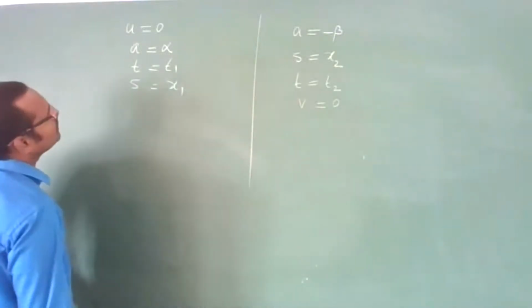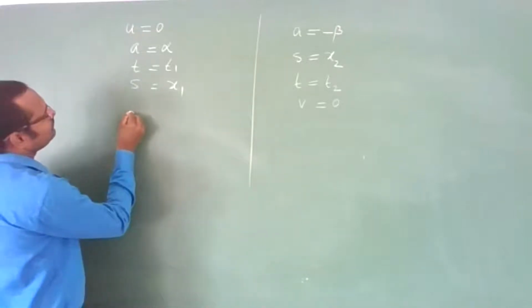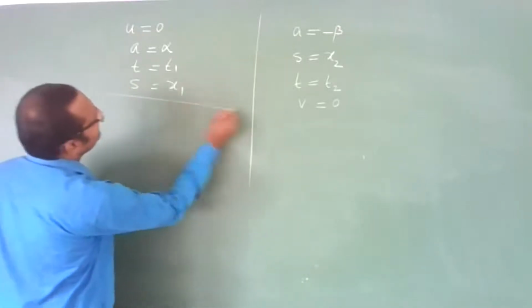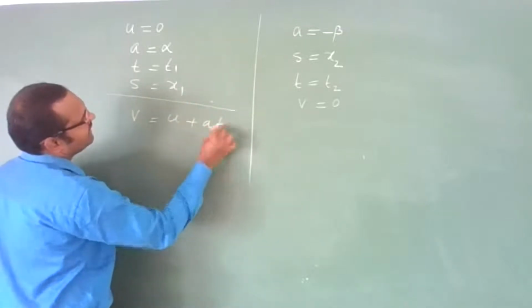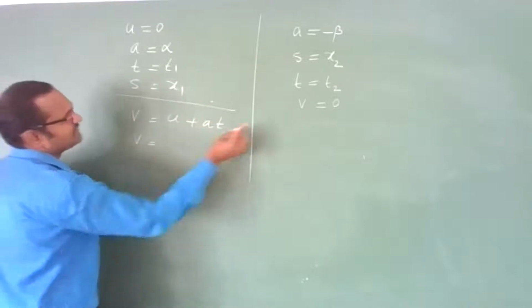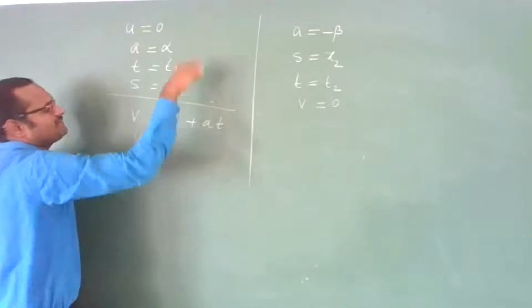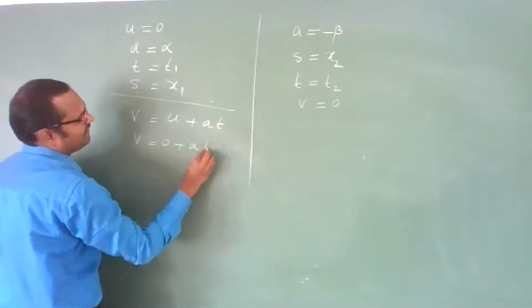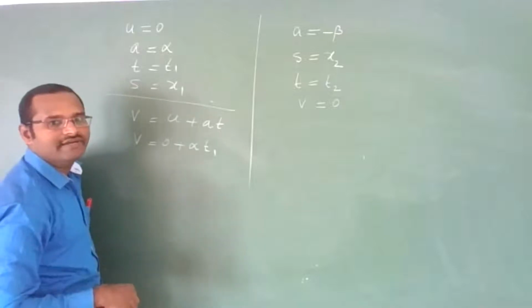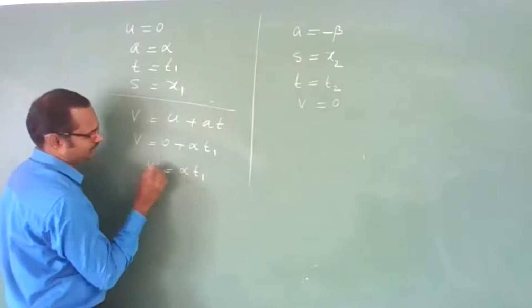So, let us find the final velocity for this. v is equal to u plus at. This is the first case: the final velocity will be equal to 0 plus alpha t1. So velocity v1 is equal to alpha t1.